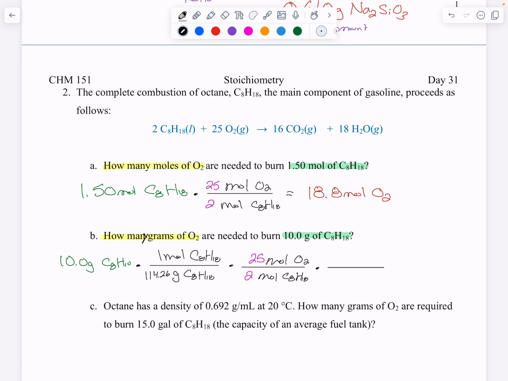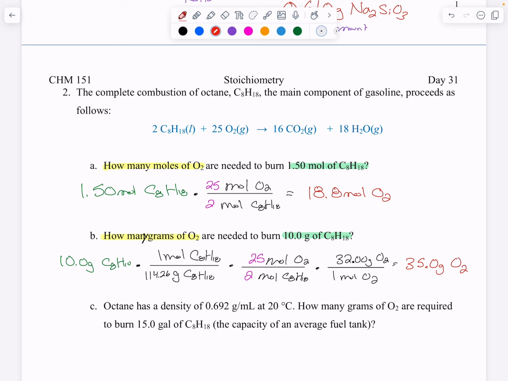Going too fast, right? We've got to go to grams. So 1 mole of O2 weighs 32.00 grams of O2. Now we're good. Now I'm thinking we're getting 35. So that's our ratio.